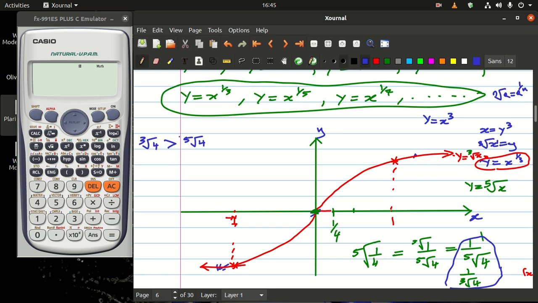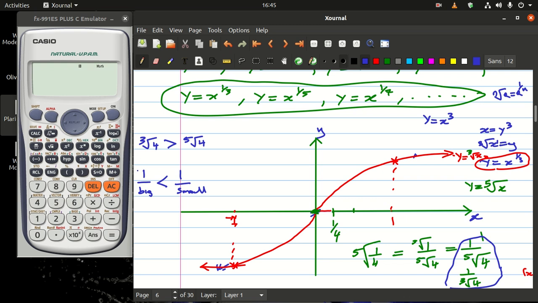And now that this is the case, I am taking something bigger. I have a 1, I have a 1. I'm taking something bigger and I'm dividing 1. This is big divided by small. The question is, which one will be bigger? 1 divided by something so big is going to be small, and 1 divided by something so small is going to get bigger. So this one is small.